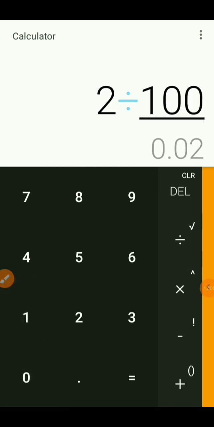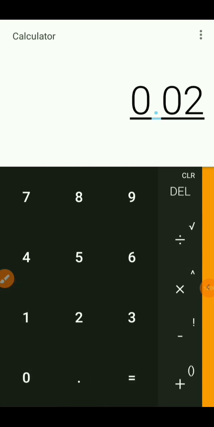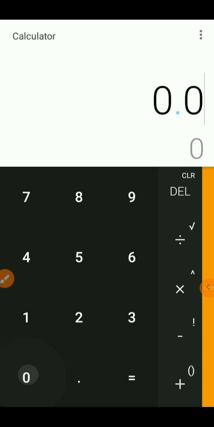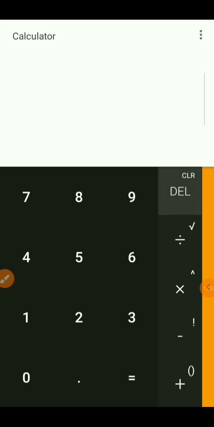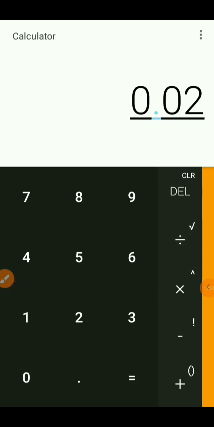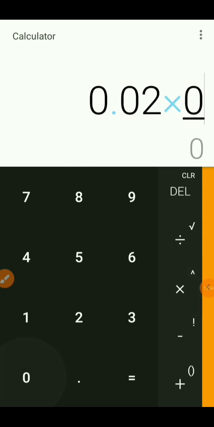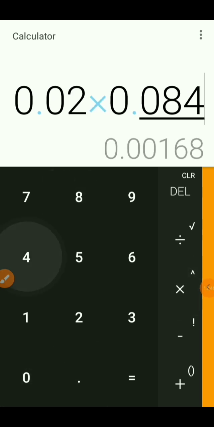It's going to give you 2% times the price at which the token is being traded, and ours is 0.0849, which is the price of PEOPLE token. So it's 2 divided by 100, which is 2%, times 0.0849.